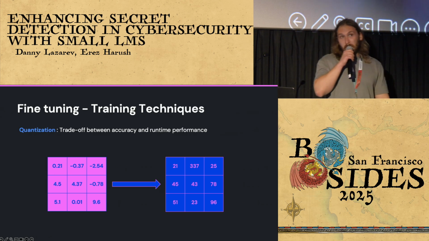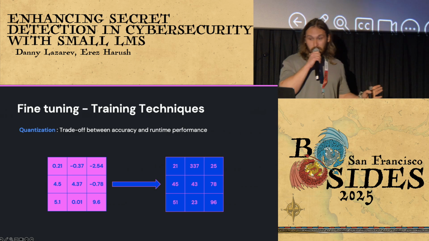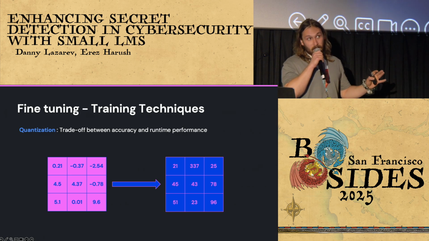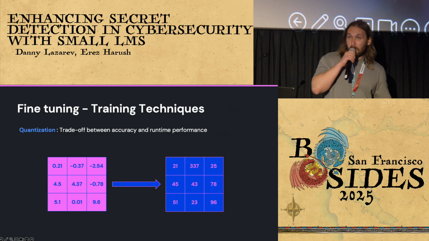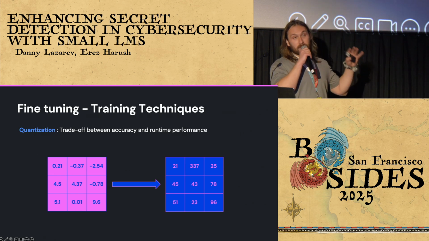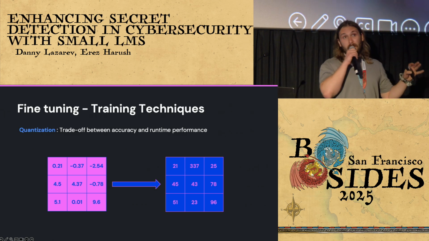We also applied quantization. Quantization is a trade-off between accuracy and performance. Basically, it's representing numbers with fewer bits. We're going from representing numbers in 32-bit floating points to 8-bit integers. And why is that important?